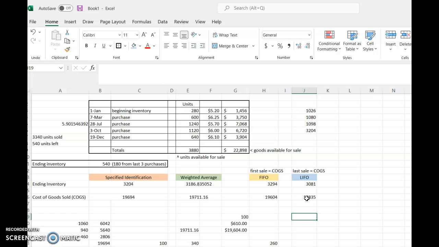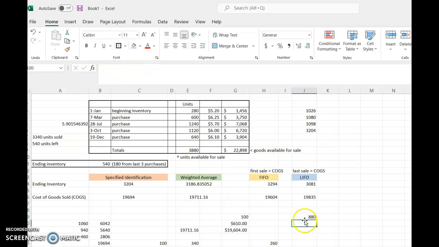Okay, so first we're going to be adding these two numbers together because we sold all of this one and part of this one for that first sale. So we're going to be adding the 600 and 280 together. And I forgot my equal sign again.